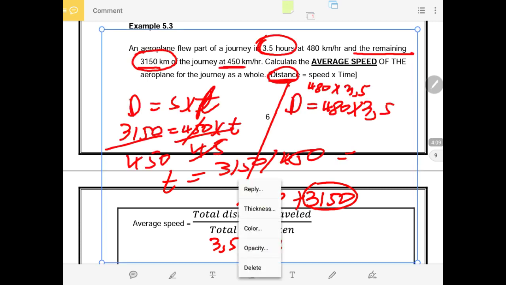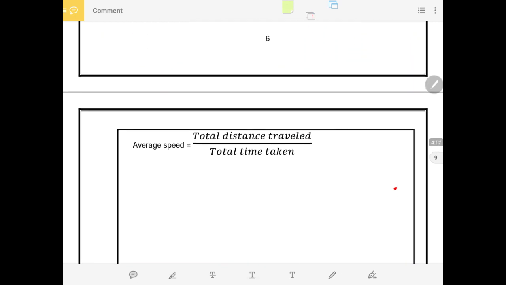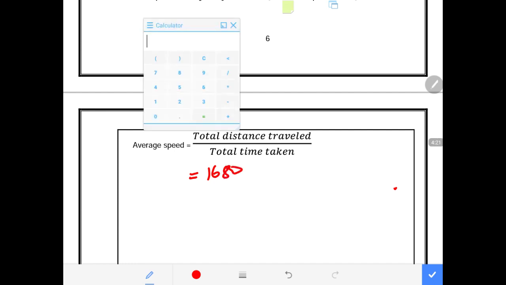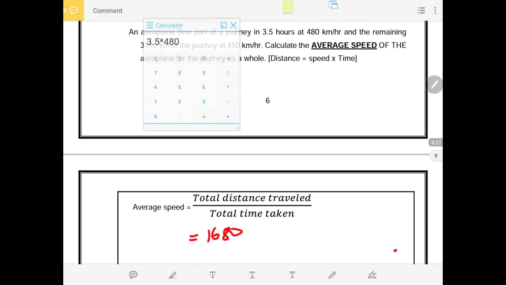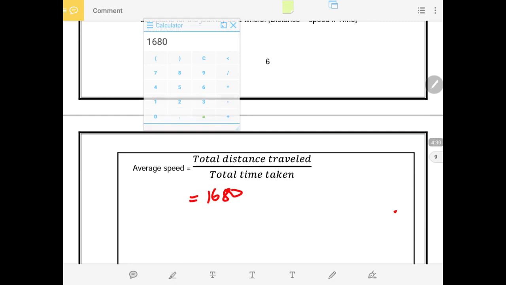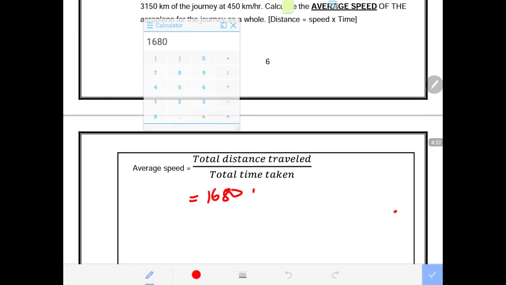Now that is the info that we have so far, so let us substitute in our formula. The average speed is equal to total distance, and the distance is 1,680, which we calculated by 3.5 times 480 kilometers for the first distance, plus 3,150, which is the remaining distance, divided by 3.5 hours plus 7 hours.